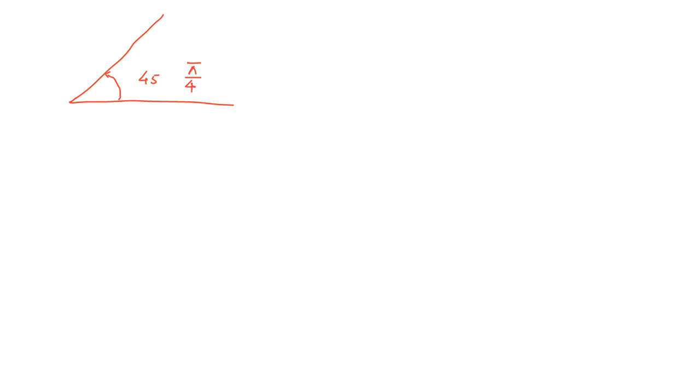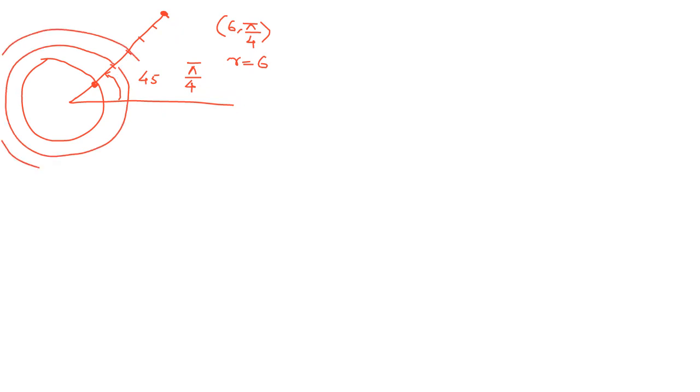And what about 6? 6 means 6 points. Let me show here: 1, 2, 3, 4, 5, and this is 6. So this is called 6, pi by 4. R is basically 6. If it is 1, it is this one.